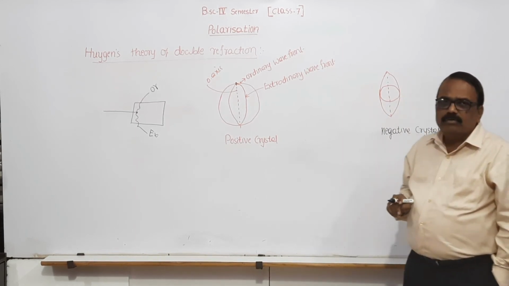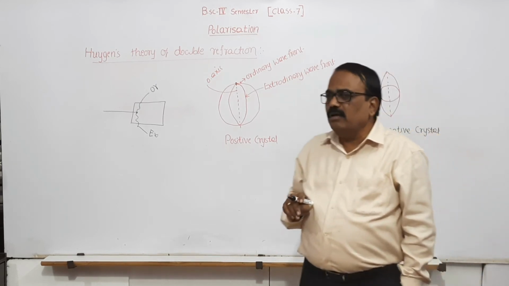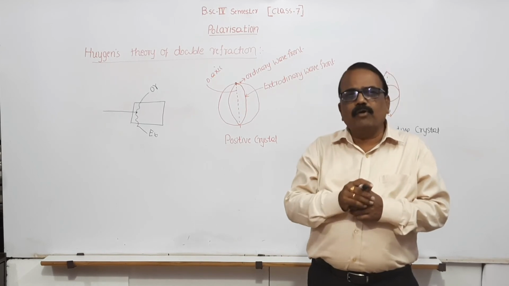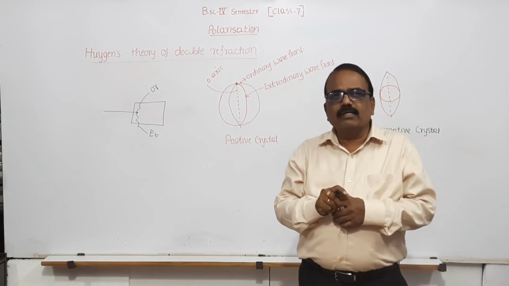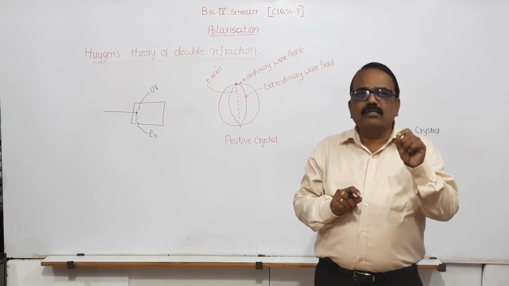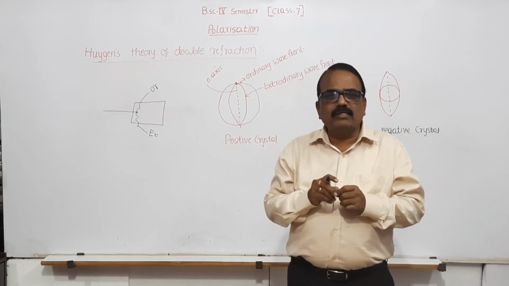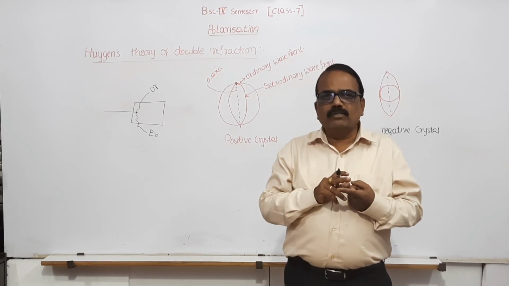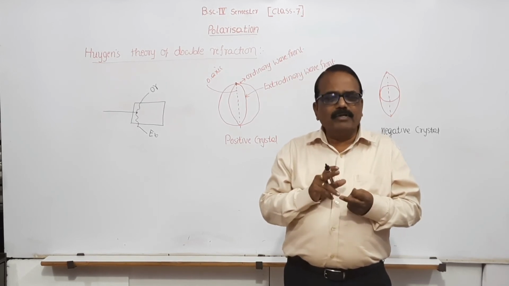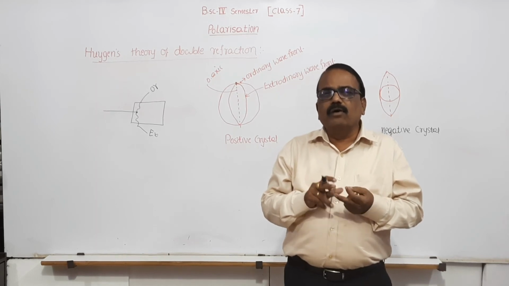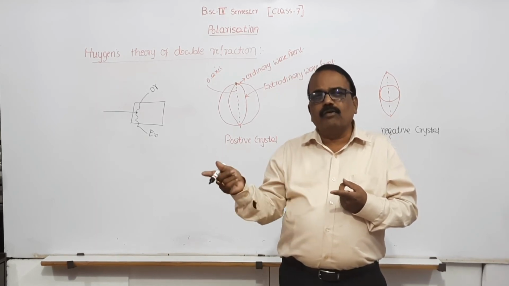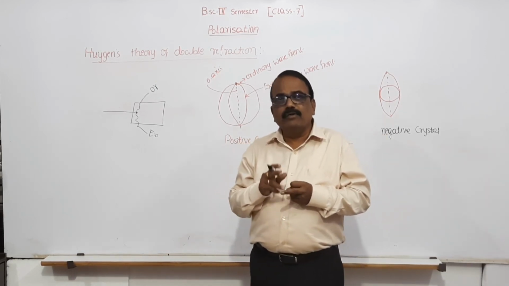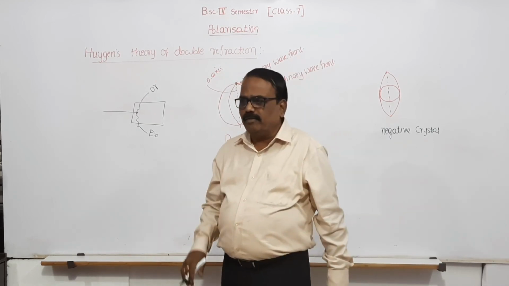So this is about Huygens' theory of double refraction. When the wavefront is incident at a point on any doubly refracting crystal, each point on the crystal acts as the source of two wavefronts. One wavefront is called the ordinary wavefront, another is called the extraordinary wavefront. Ordinary wavefront corresponds to the ordinary ray and extraordinary wavefront corresponds to the extraordinary ray.